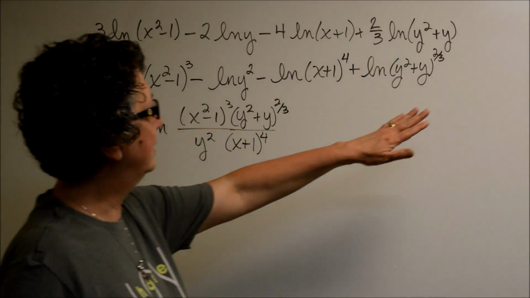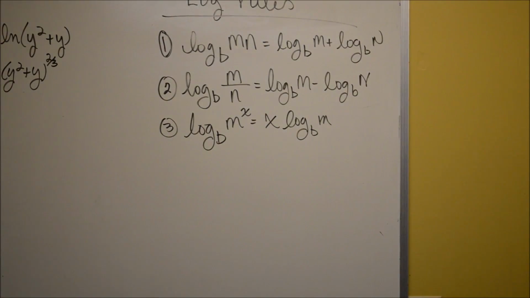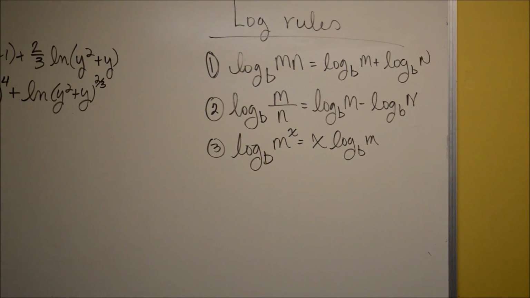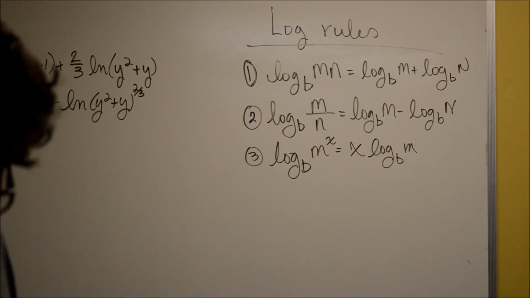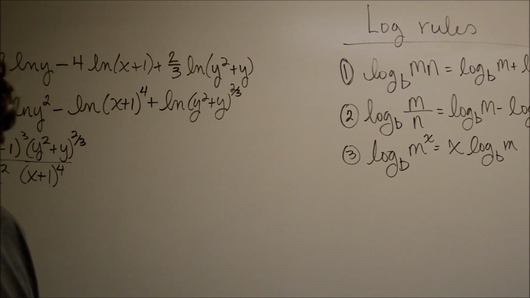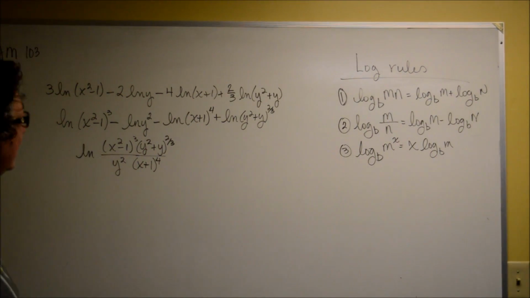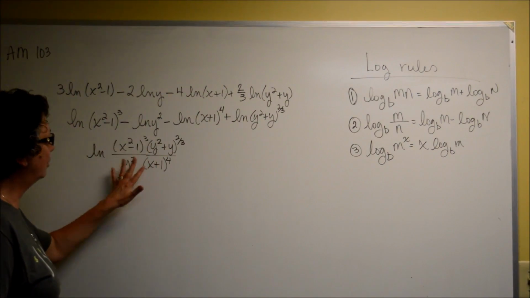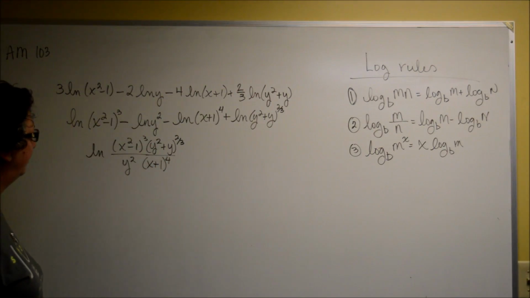So we've applied rule 1 and 2 to that and wrote it as a single logarithm. You'll notice in your book that they did a little rearranging of that. You can look in your book and see how they reduced that.